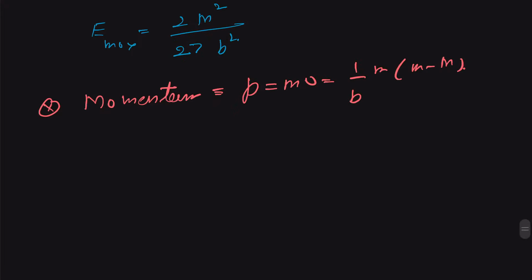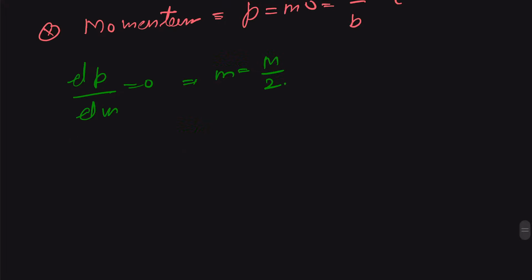Once again, its maximization, that is dP upon dm is equal to 0, giving us m is equal to M by 2. It means our maximum value of the momentum will be equal to M square by 4b.